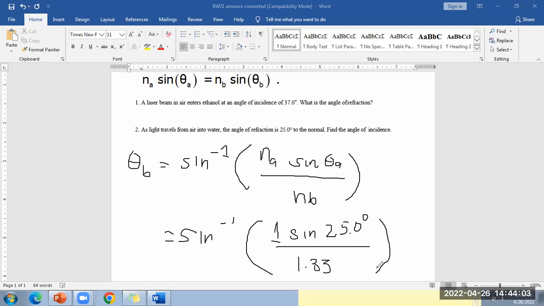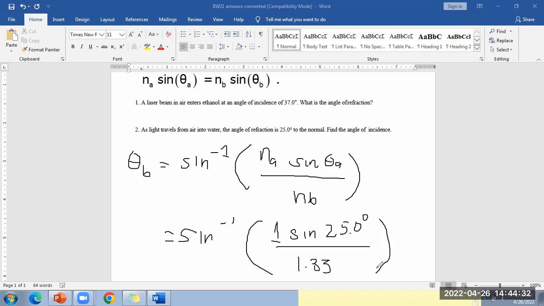Mag-iiba yan yung sagot depende kung anong value yung mga ginagamit natin. So, ilan po yung nakuha? 1 times sine 25 degree divide sa 1.33. Tapos, shift sine yung sagot natin.